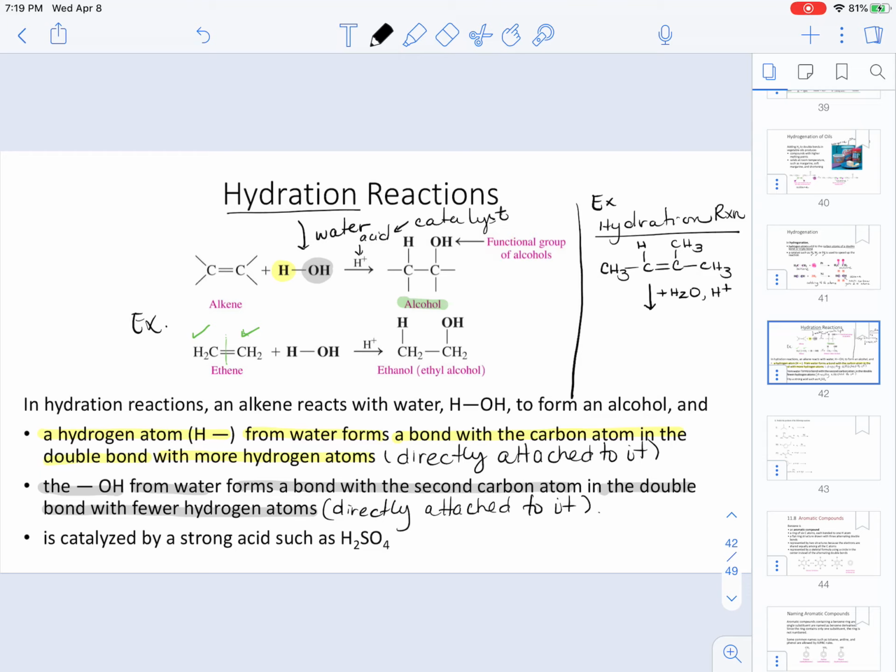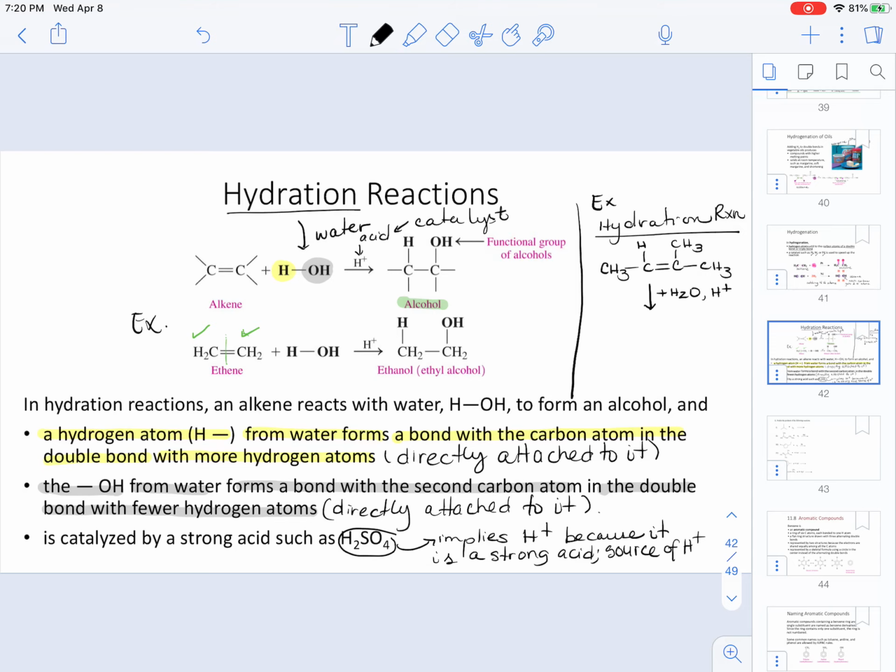Understand, before I continue, that H2SO4 implies H plus, because sulfuric acid is a strong acid, meaning it is a source of H plus.